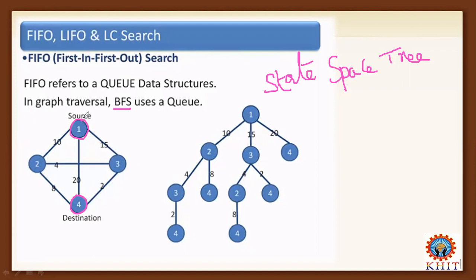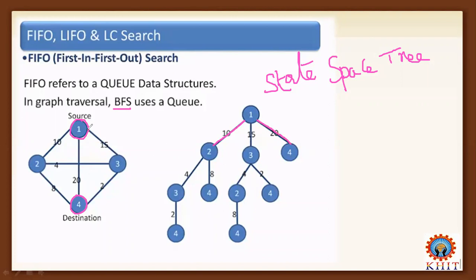If you clearly observe the graph traversal, node 1 is having 3 moves. There is a direct path from node 1 to node 2 of cost 10. There is another direct path from node 1 to node 4 of cost 20.